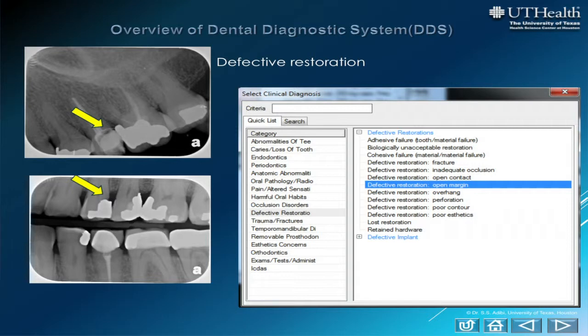Examples presented here are rather very obvious ones. Often radiographs present with beam attenuations at the restoration to tooth interface. That makes restoration to tooth structure evaluation a bit challenging.